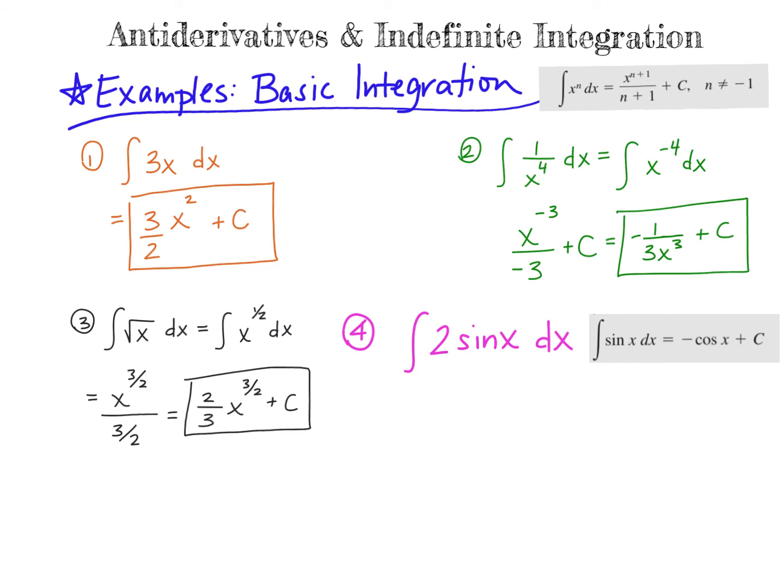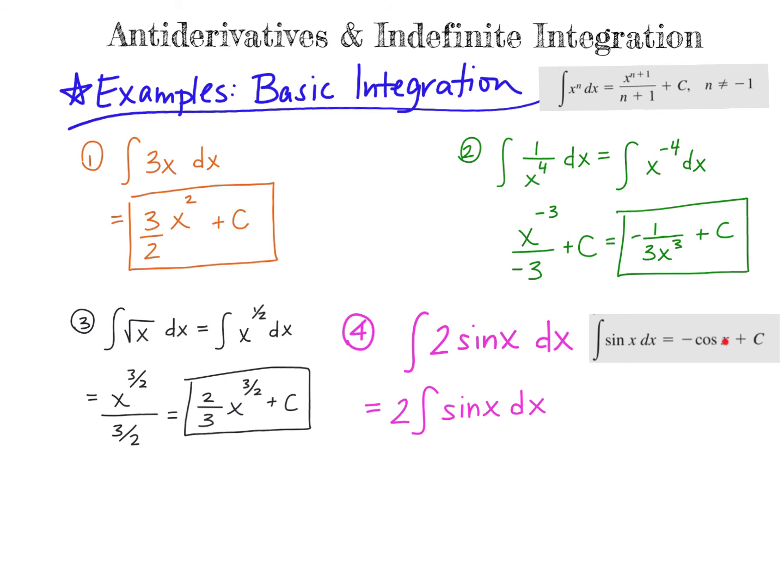In number 4, we have the integral of 2 sine x dx. What we can actually do is bring that 2, that constant, out front to make this a little simpler. So it's 2 times the integral of sine x dx. This is our rule, and if you think about it, this is not something that you need to memorize, but rather just think of it as the backwards form or the inverse form of the derivative.